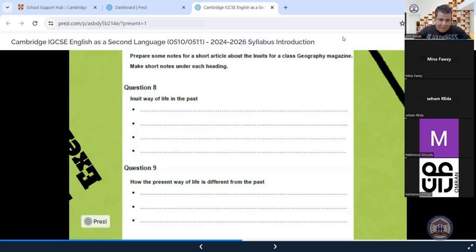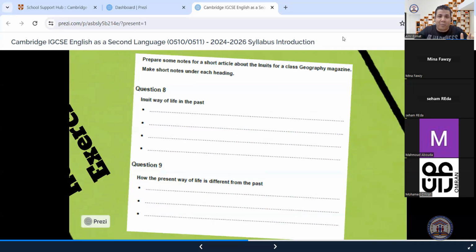Inuit way of life in the past. So they have to write 4 different sentences from the text. How the present way of life is different from the past. They have to write 3 as stated here, depending on the text, and they should be different from the other notes in order to have the 7 marks.